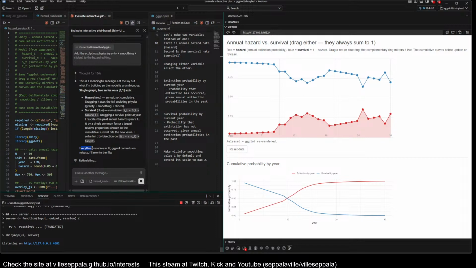So this is what I'm a little bit worried about. Everything runs live in JavaScript. Is it JavaScript? So does it mean that it's also making the calculations in JavaScript?